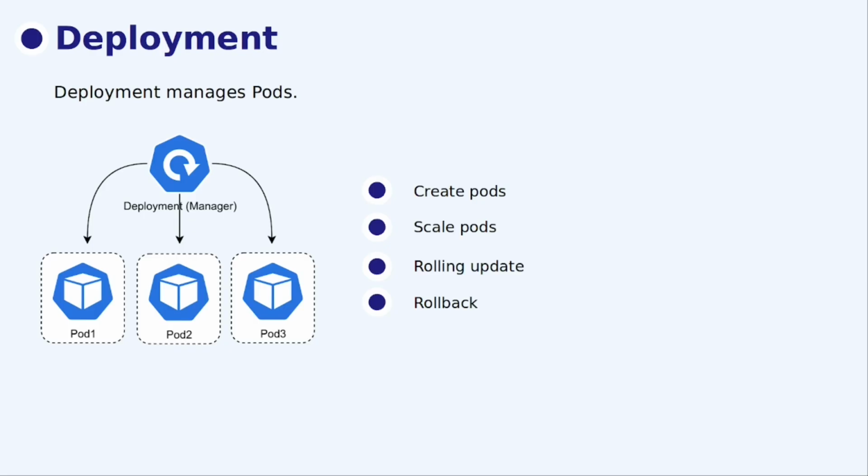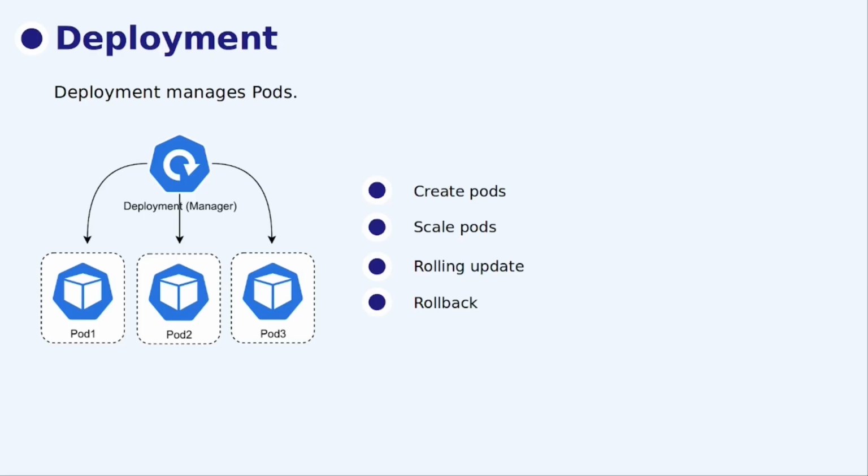Deployment also supports scaling. We can increase the number of replicas if more traffic arrives. Another important feature is rolling update. When we deploy a new version of the application, Kubernetes will update Pods gradually instead of stopping all Pods at once.